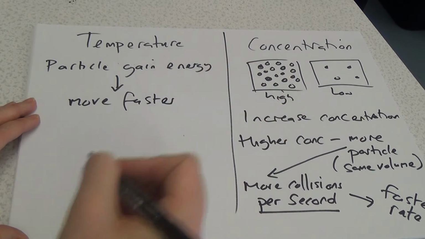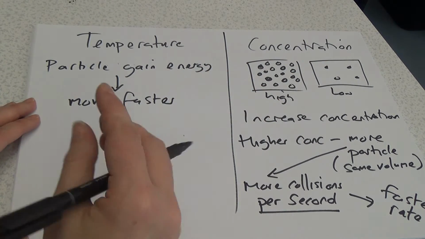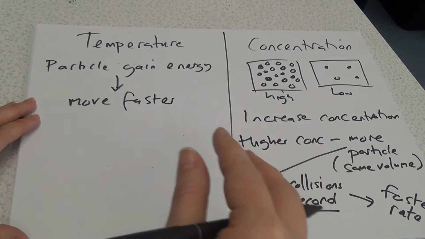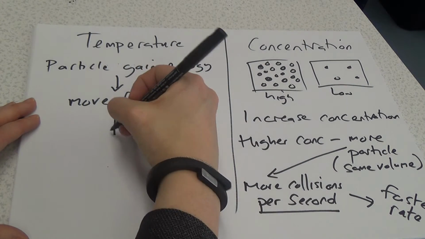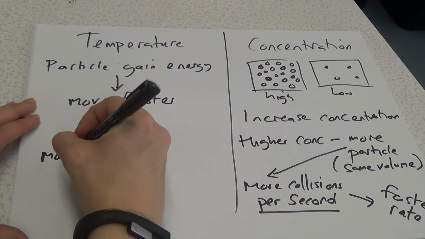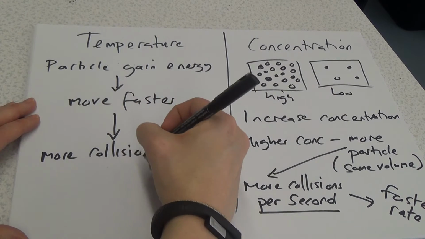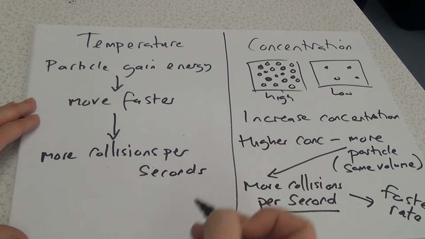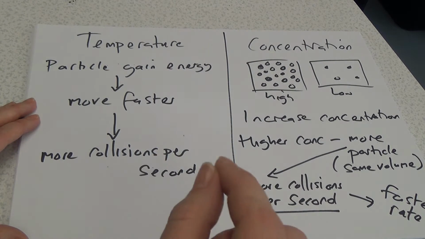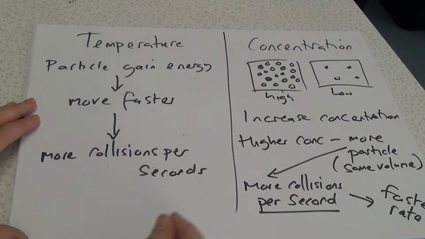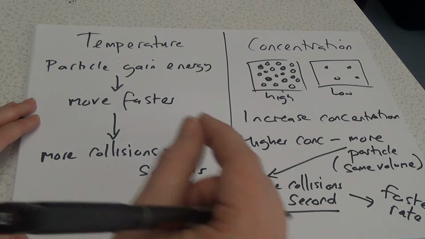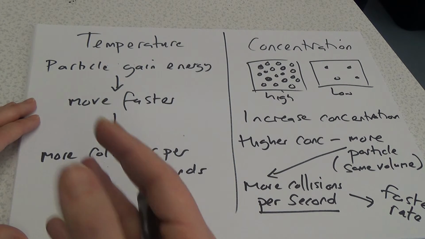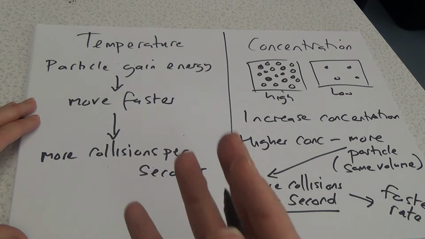And if the particles move faster and contain more energy, there are two key things that will happen. The first is, again, more collisions per second because the speed of them has increased. But thinking back to the word we used earlier, successful collisions: because they have more energy, when they do collide, they're more likely to react.